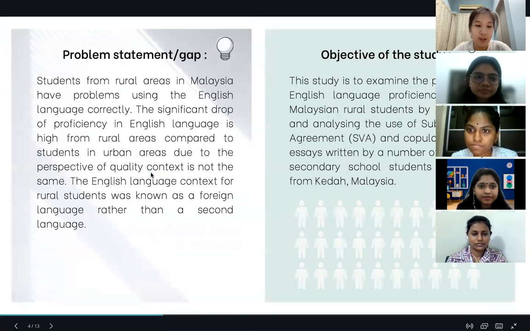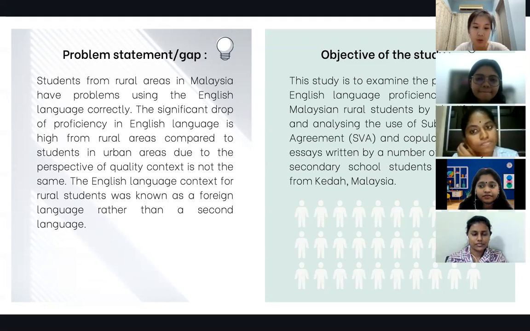Okay. So hence we can notice that based on the background of the study, students from rural areas have problems using the English language correctly, where the drop in English proficiency is significant in rural areas compared to students in urban areas. This is due to the context not being the same, where English for rural students is known as a foreign language rather than a second language.